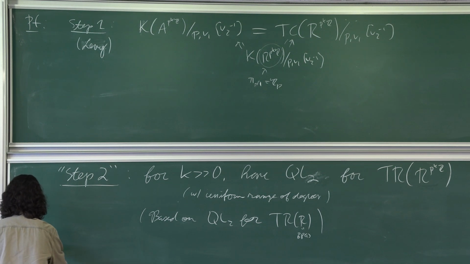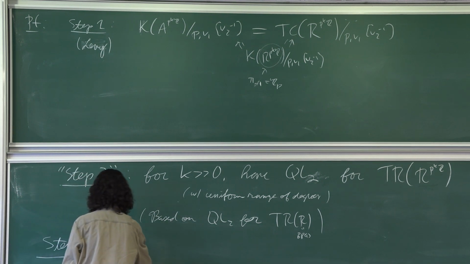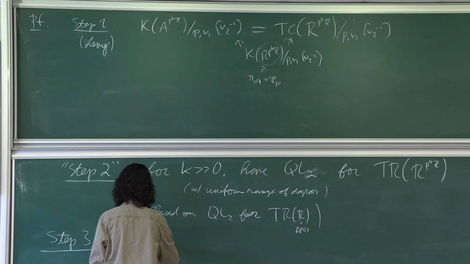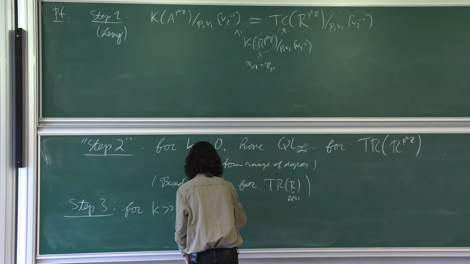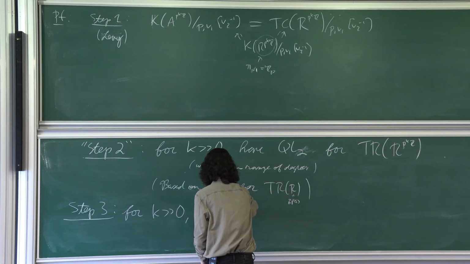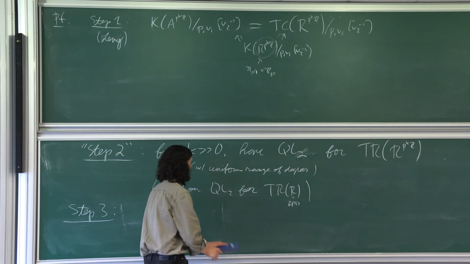And then step 3, for k sufficiently large. Sorry. Well, let me include another step.